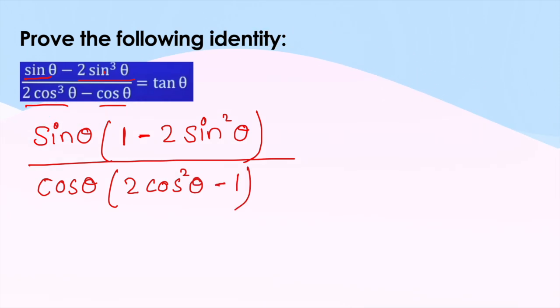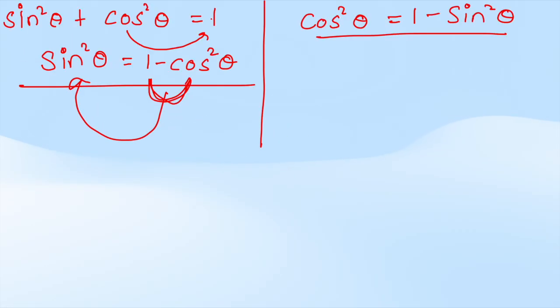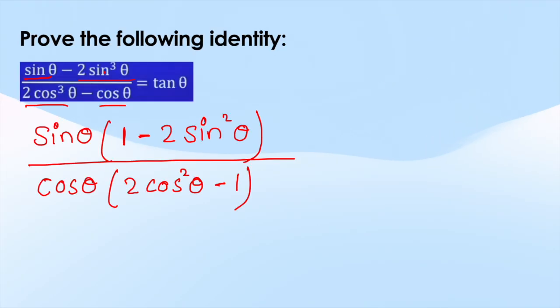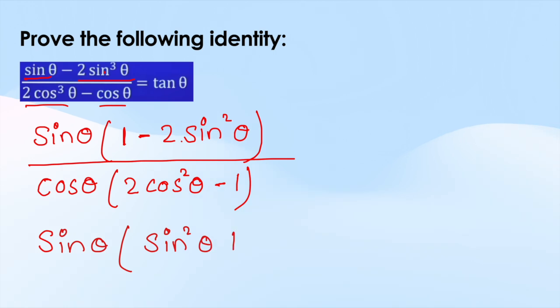Is this clear? Alright, now what is this? 1 minus 2 sine square theta and 2 cos square theta minus 1. I just learned that if I have 1 minus sine square theta, it can be written as cos square theta. So, sine theta, 1 minus 2 sine square theta. I can write 1 as sine square theta plus cos square theta, right?